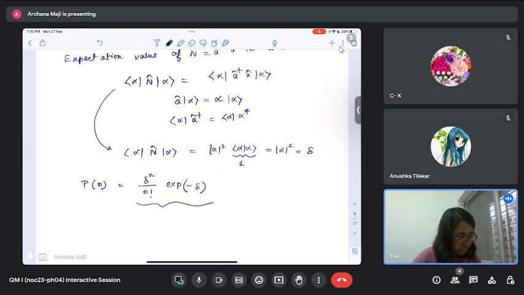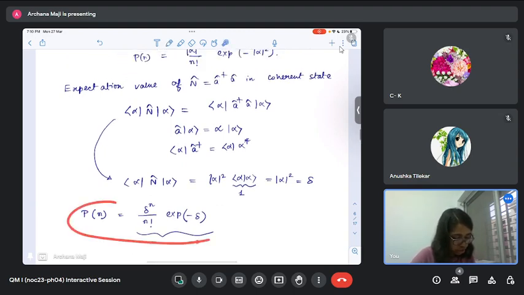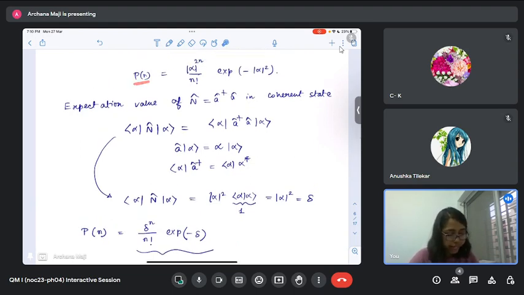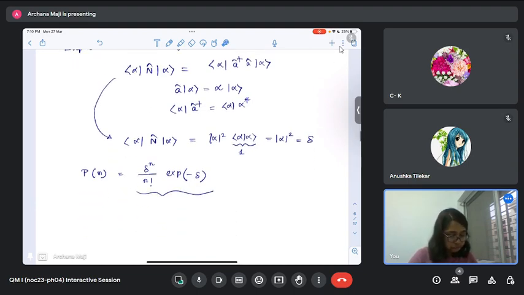So if you search for Poisson distribution, you will get to see this particular form. My main point was to tell you that the probability of finding n particles in a coherent state satisfies this Poisson distribution. N bar would be a better notation. Let's stick to n bar, just a notation, nothing else.